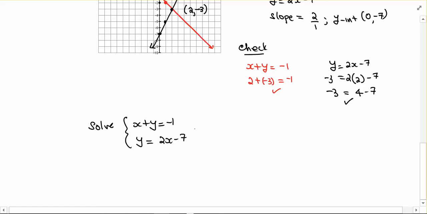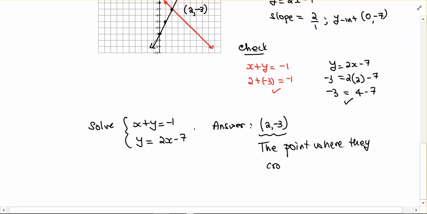If this was your question, then the answer would be 2, negative 3. The answer is the point where they cross.